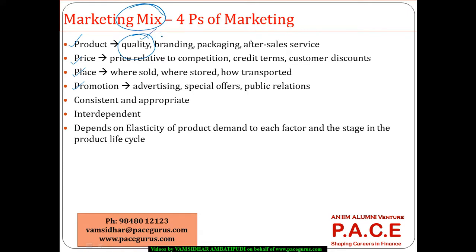What is the quality that we are looking at? How do I brand the product? What is the packaging? What is the kind of after sale service? What are the warranty guarantees offered with the product? I have to design all these aspects decently, and there should be some differentiation with respect to my competitors' or rivals' products.